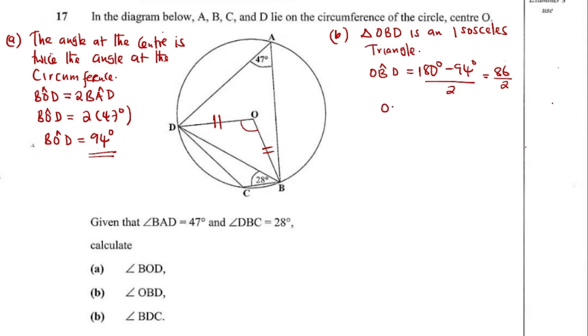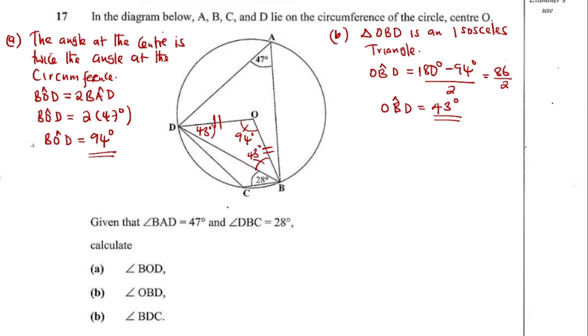Then OBD will be equal to 43 degrees. So that means here it is 43, here it is 94, and there also it is 43 degrees.